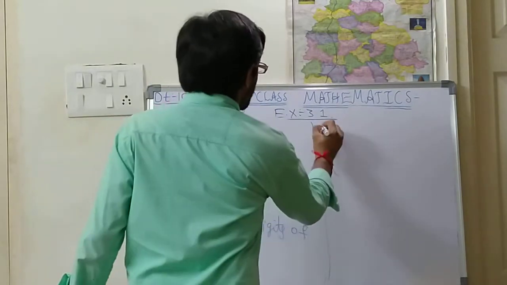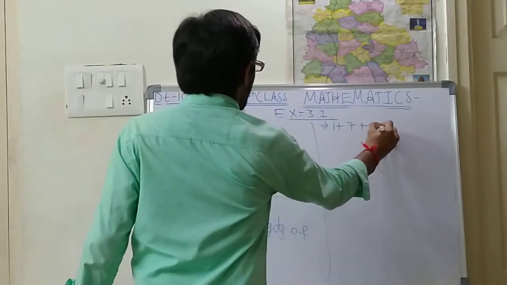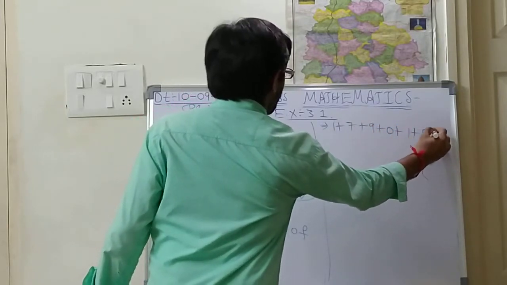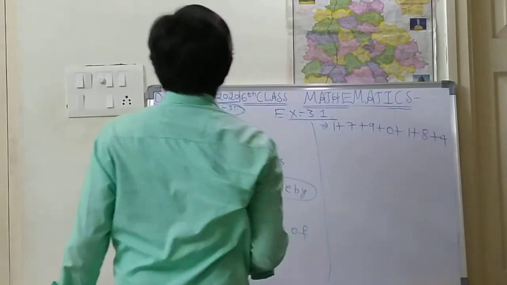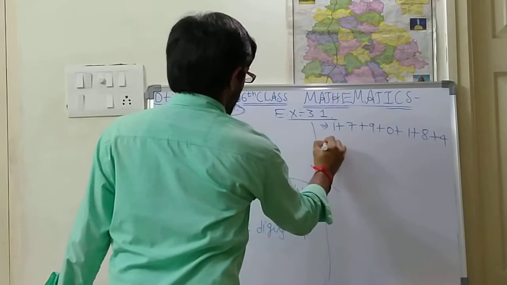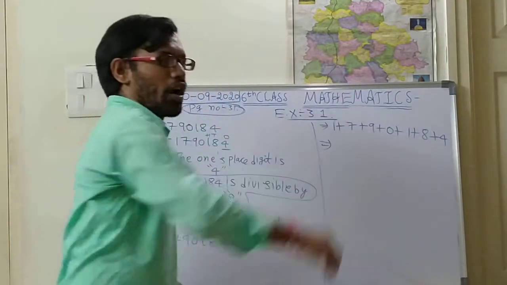By adding all these digits, what will we get? 1 plus 7 plus 9 plus 0 plus 1 plus 8 plus 4. By adding these digits, you have to identify what you will get.